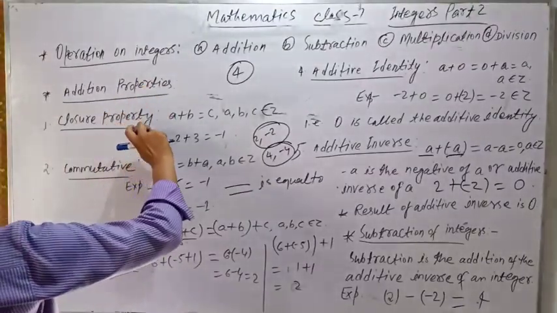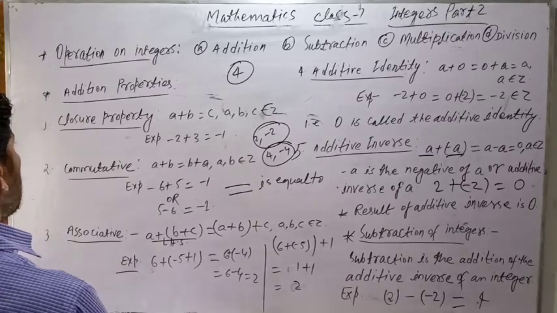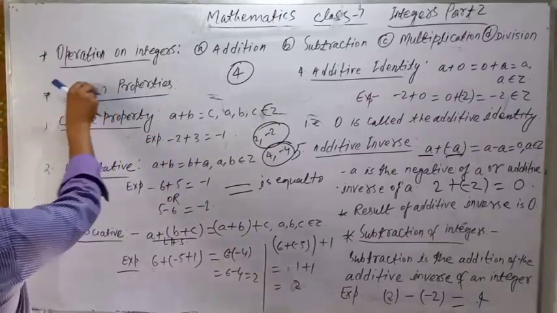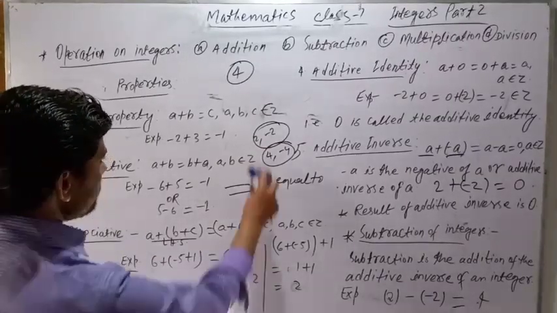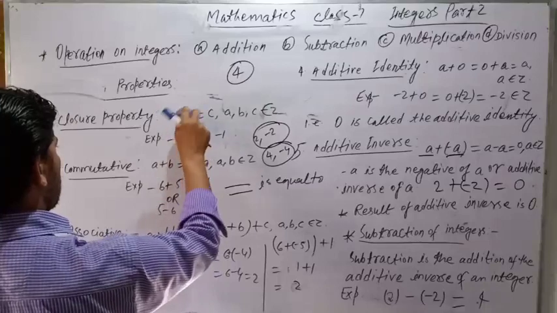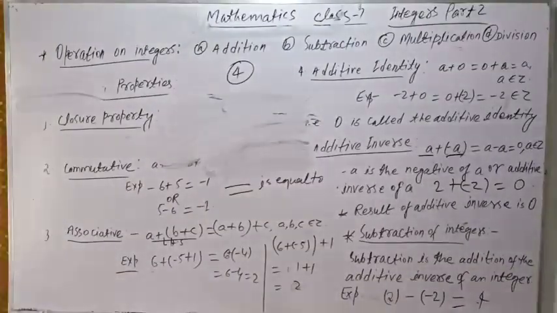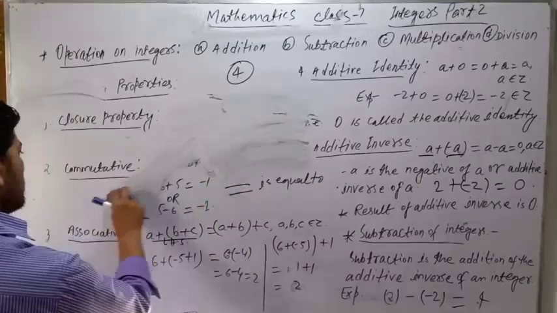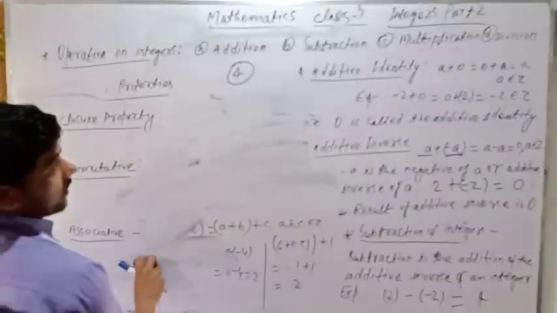Now we are going to discuss multiplication properties. Multiplication properties are similar to addition properties: closure property, commutative property, associative property.